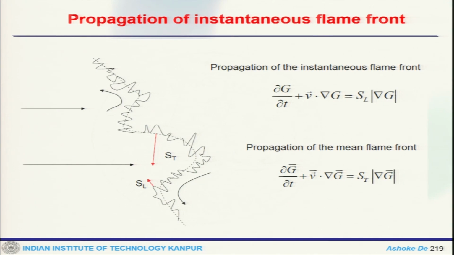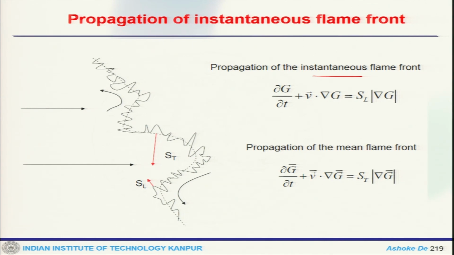One can find out how, or rather capture, the instantaneous flame front. This is another very attractive technique for the premixed flame front, where we capture the instantaneous flame front by an isosurface, or rather by solving an equation; we will see how that is done. So the instantaneous flame front will propagate, and this G is the isosurface, which is essentially a distance function.